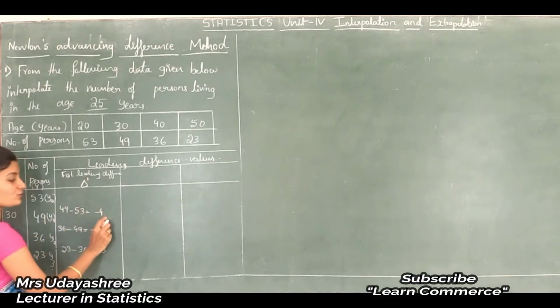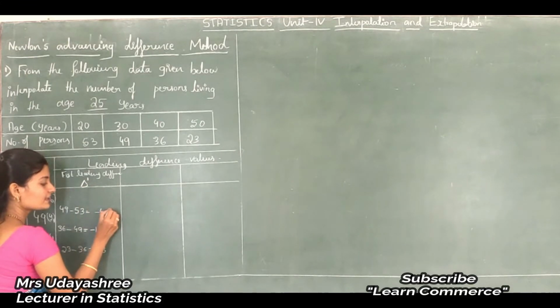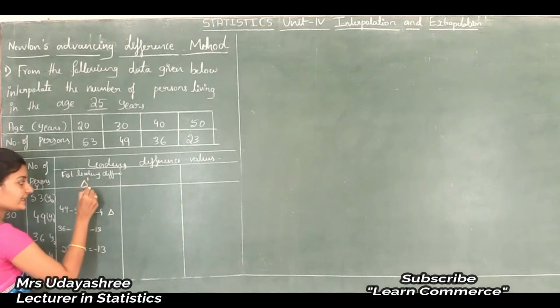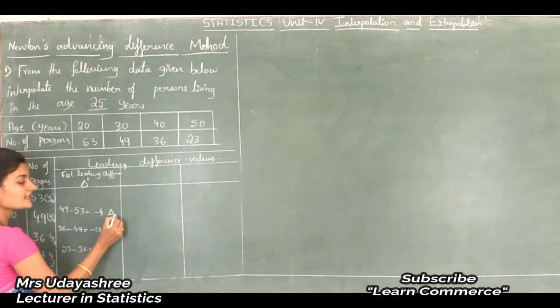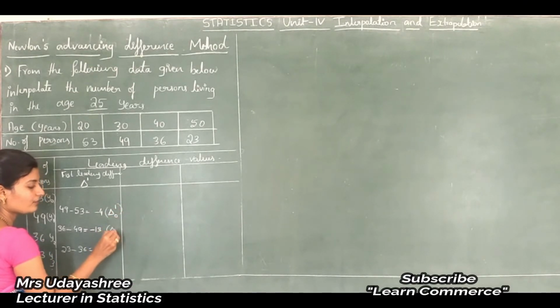In the y observations the first is y0, second y1, third y2, fourth y3. Like that, the first observation in delta 1 is delta naught 1, then delta 1 1, and this is delta 2 1.